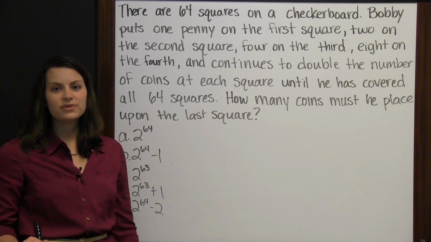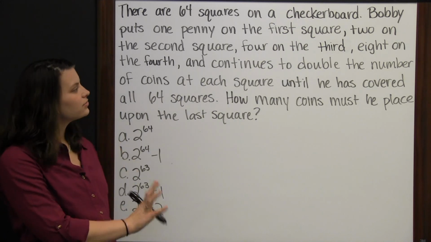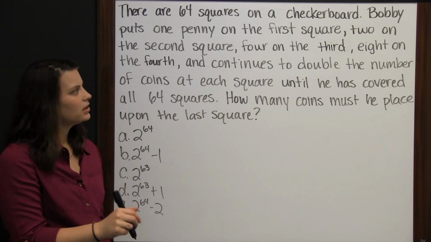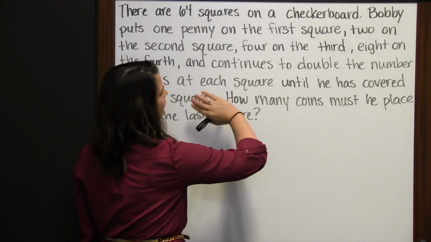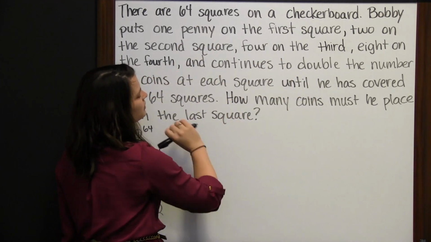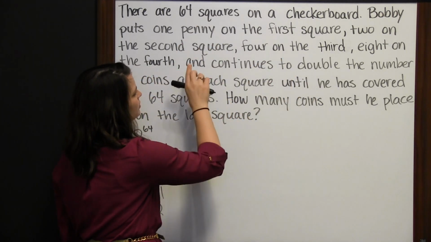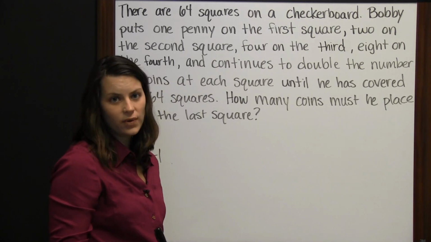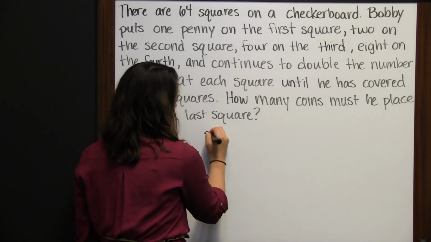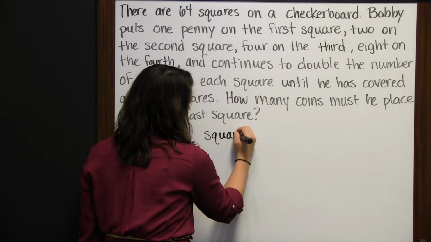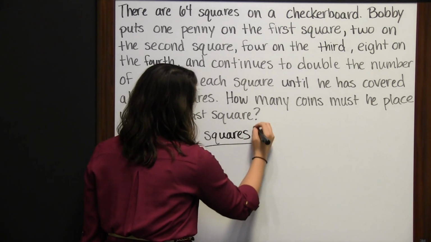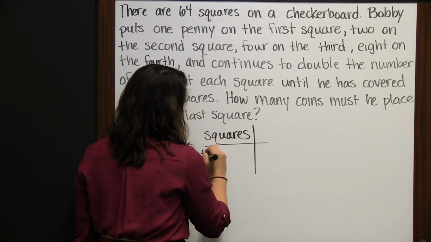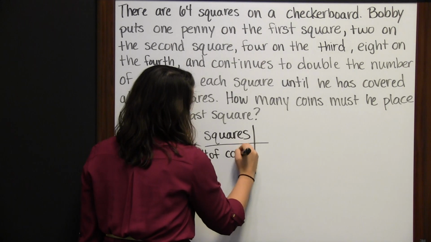The first thing I want to do is take this information out and organize it. So I've got 2 pieces of information here. I've got the number of squares and also how many coins are on the squares. So I'm going to organize it as squares and number of coins.